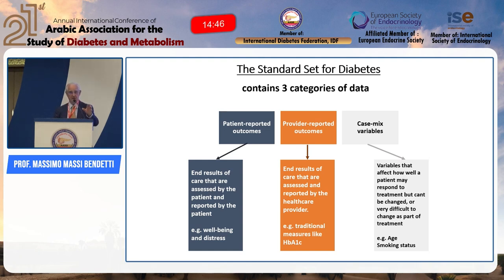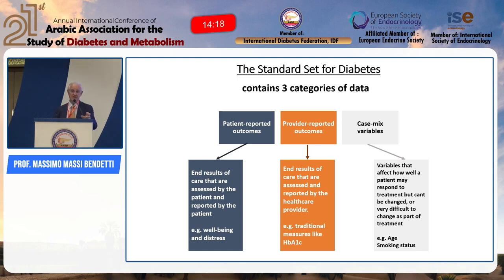We don't have a scale of figures, and they change with socioeconomic status and according to cultural issues and geographical gradients. Then there are the provider-reported outcomes, which are the ones that we are more familiar with, results of care that are assessed and reported by the healthcare provider, so traditional measures like glycated hemoglobin.